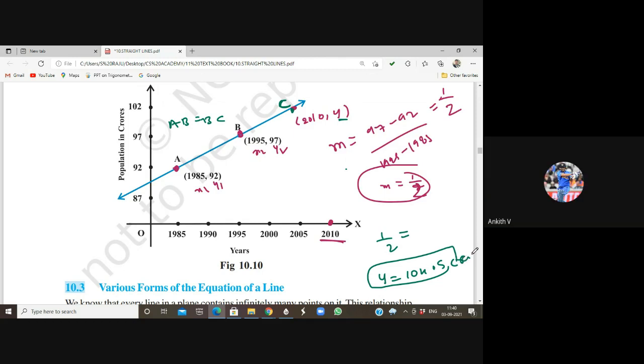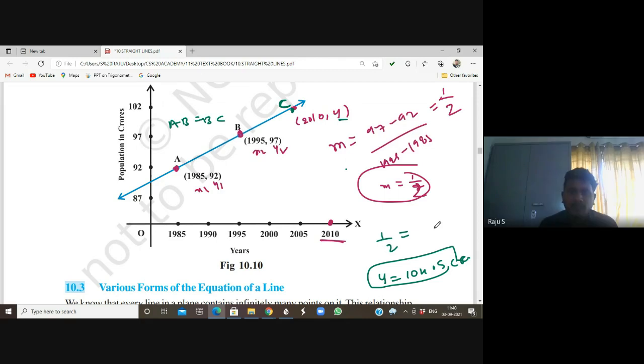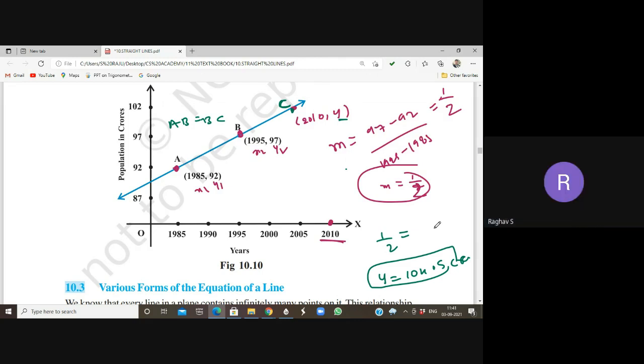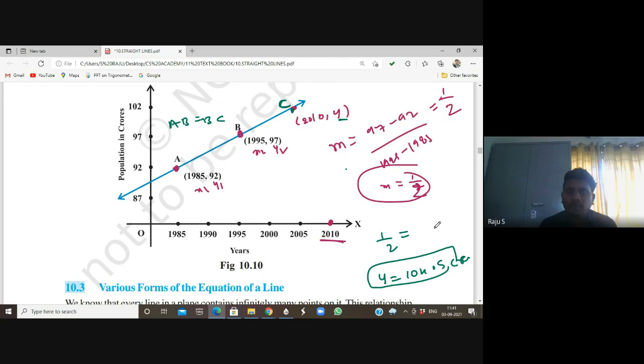It will come like 209 divided by 2, sir. In 10 years, it will have increased 5 crores. Then from 85 to 95, the population increased 5 crores. But another 15 years, another 7.5 crores increased.